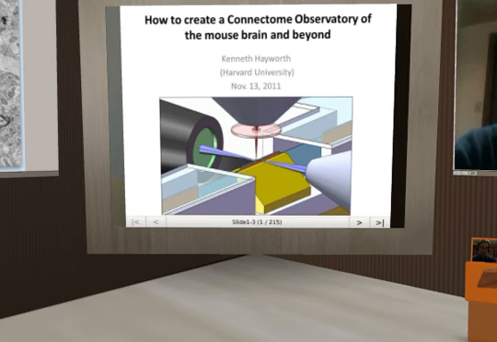Given a small amount of funding, let's say a couple million dollars, all of this could be demonstrated on a mouse brain with a single focused ion beam machine that's set up to do the random access imaging. At that point, you would be able to say, well, gee, if I had 100 of these machines, then I would be running 100 times faster.